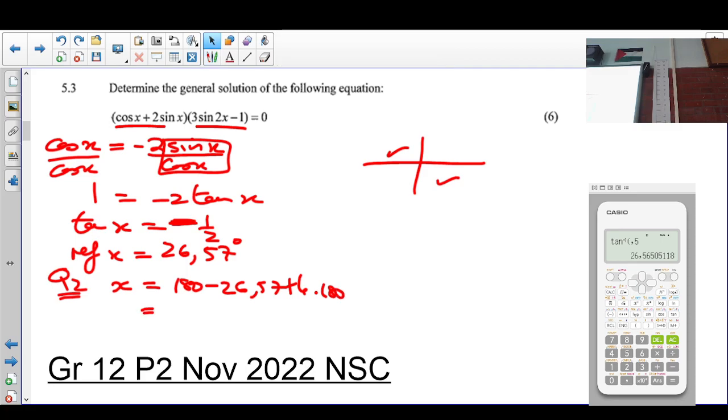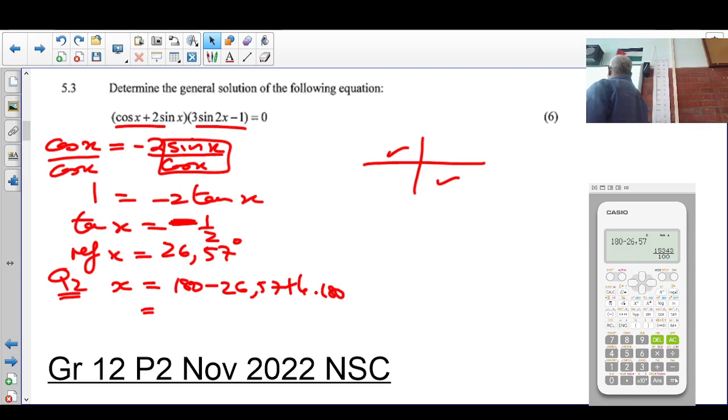Okay, the reason why I just go with one quadrant is because the other quadrant gives you a repeated solution. Unless you go 360 minus 26,57, and if you have to run the solutions between a given interval, you'll see it will overlap. Okay, and we spoke about that already when we did the tangential solution in grade 11.